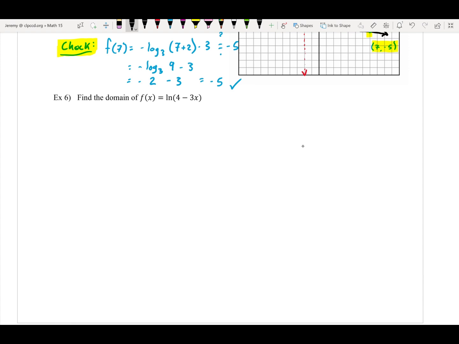So looking at the parent function, let me note that the domain of just our general y equals log base b of x is going to be 0 to infinity for all real numbers b that are greater than 0 and not equal to 1.